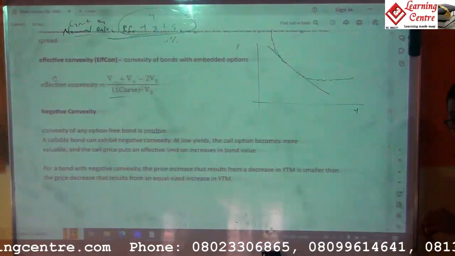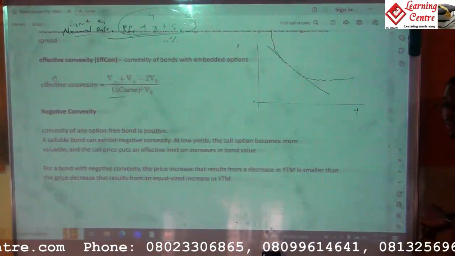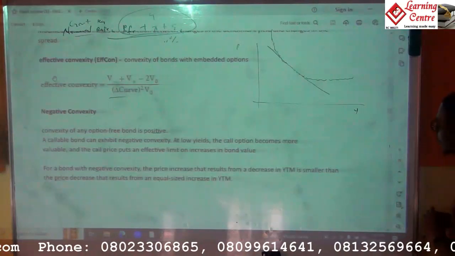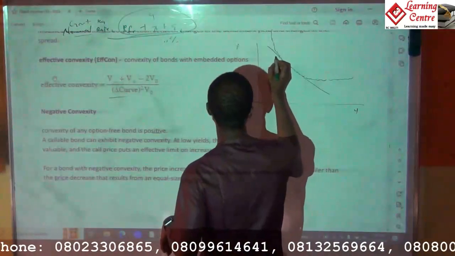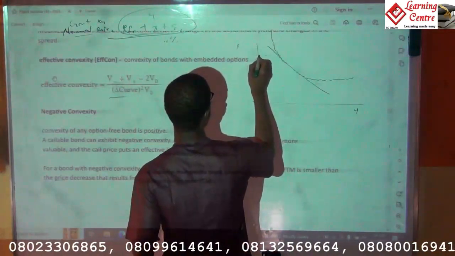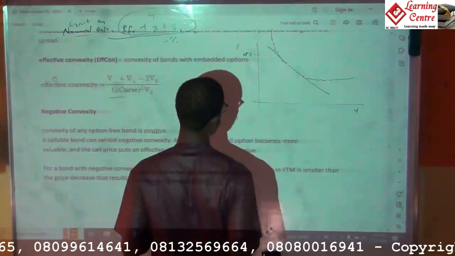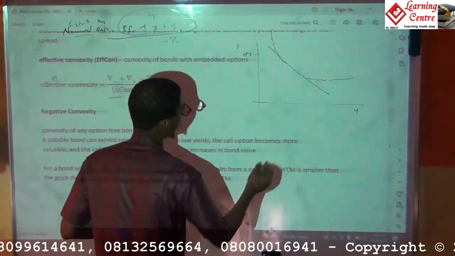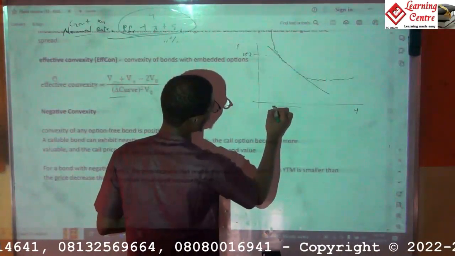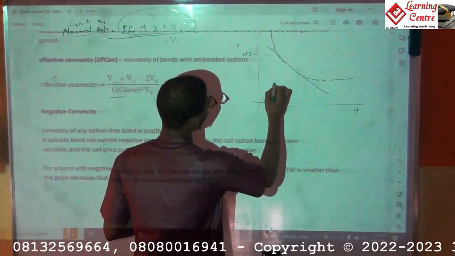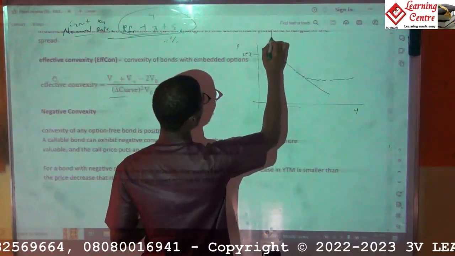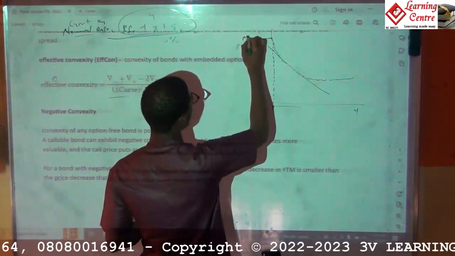If we have a callable bond, what happens is that at the point of buying the bond, the issuer told you that anytime they can call the bond at 102. So when the yield curve goes to this point, we expect the price of the bond to be slightly higher than 102, maybe 105.